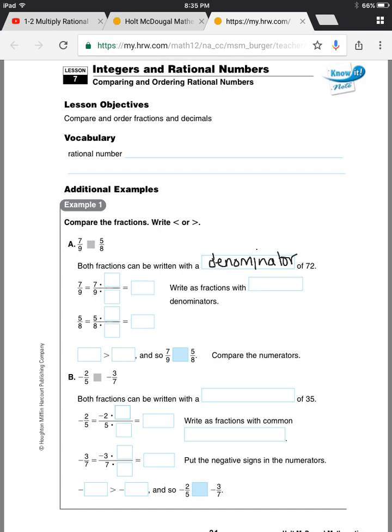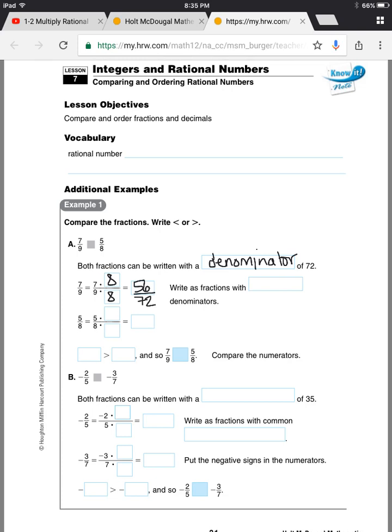Alright, so we take 7/9. What times 9 gets me 72? 8. And then 7 times 8 is 56 over 72.